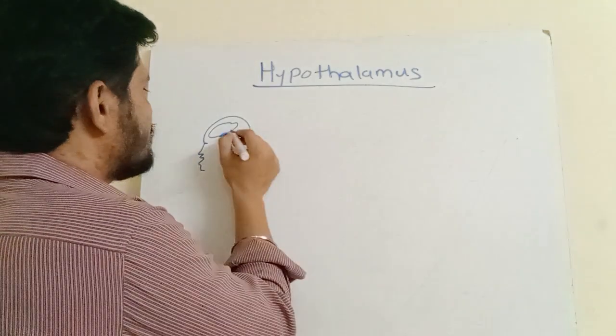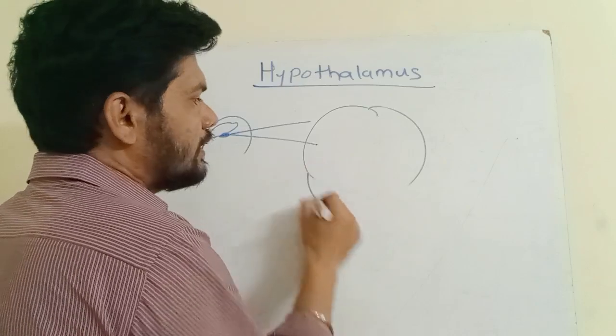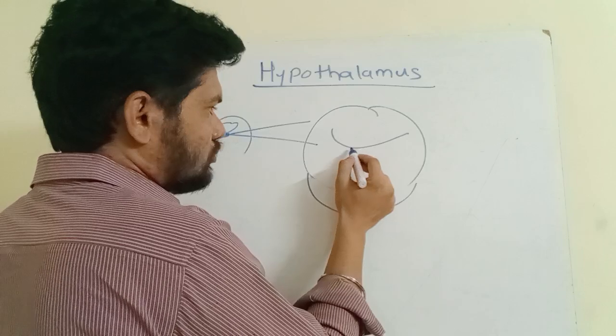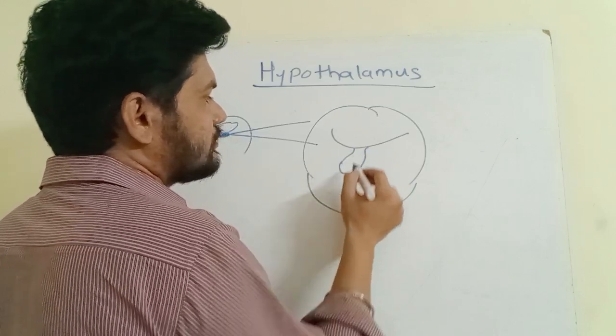Okay, so I am drawing a zoomed diagram. Suppose this is your hypothalamus. The pituitary gland will be attached to this hypothalamus like this.